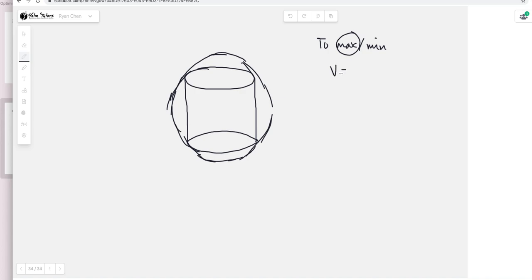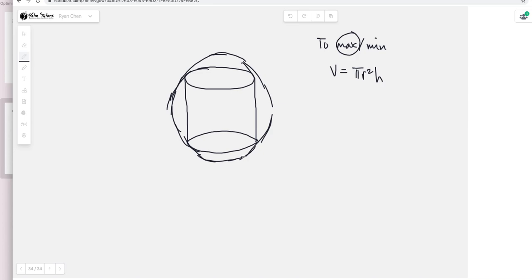So V equals, well, what would the volume of the cylinder be? Pi r squared. Yeah, the area of the base times the height. Exactly. That's just usually how volume is. Okay, pi r squared h.